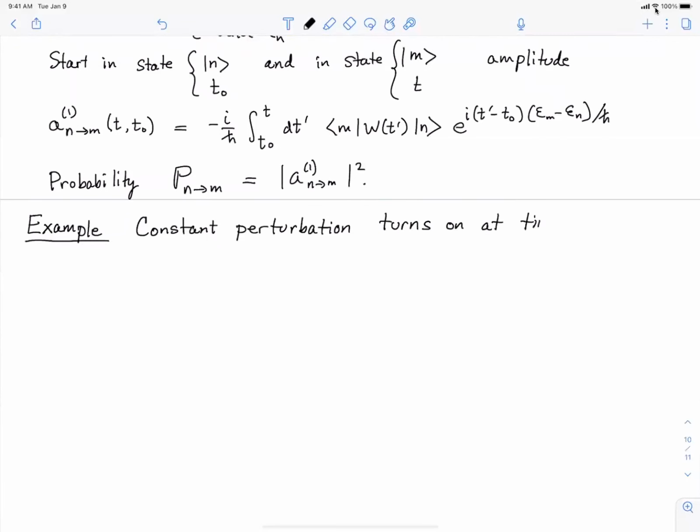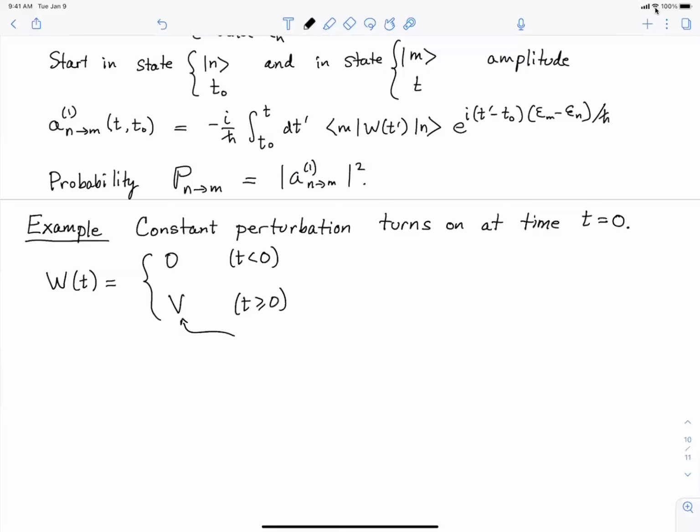So this turns on at time, and to make things easier, instead of calling it t0, from now on we'll call the turn on time t equals 0. So t0 is t equals 0. And so our perturbation Hamiltonian is just 0 for t less than 0, and it's some constant V for t greater than 0. Okay, and so V, what can V be? I'm not going to be specific about it today.